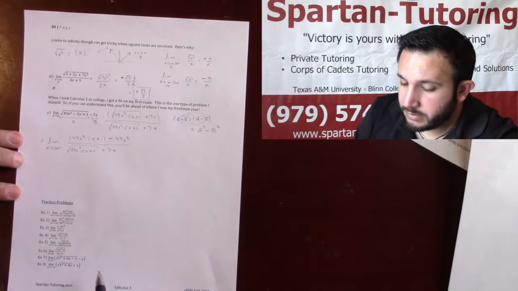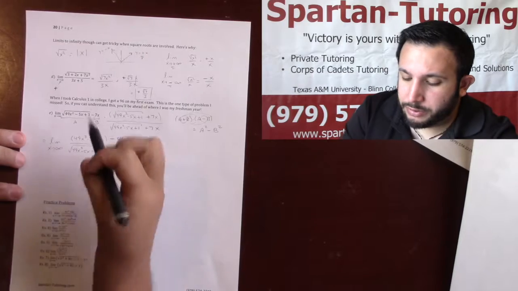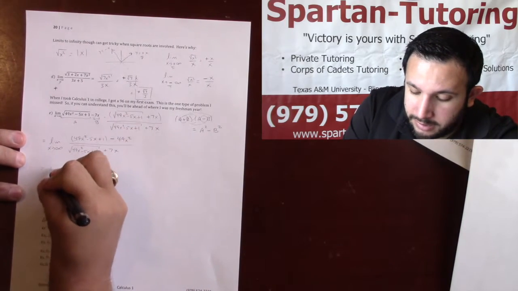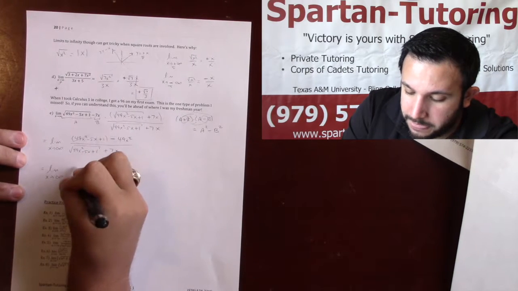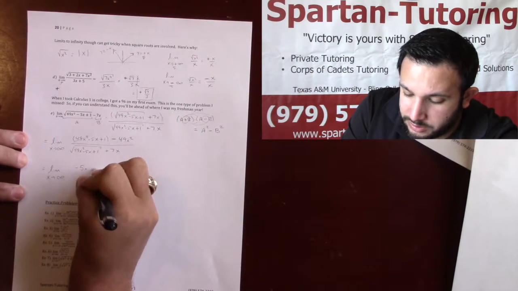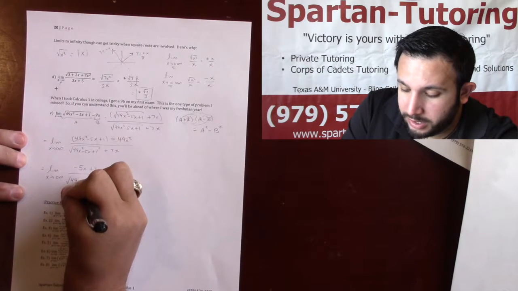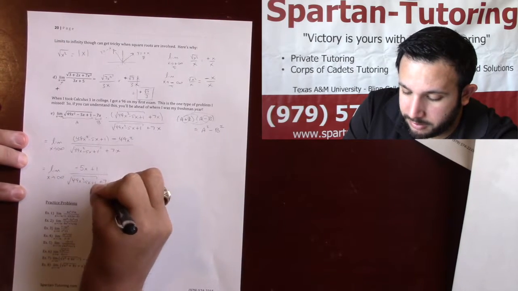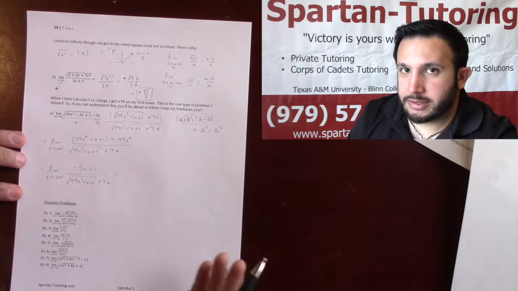Okay, so let's see what I can do here. 49x squared minus 49x squared, that cancels. And so what I have is the limit as x approaches infinity of negative 5x plus 1 over the square root of 49x squared minus 5x plus 1 plus 7x. Now, limits to infinity, all I care about is the leading term.